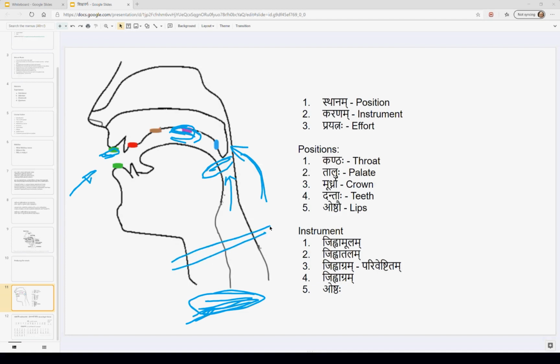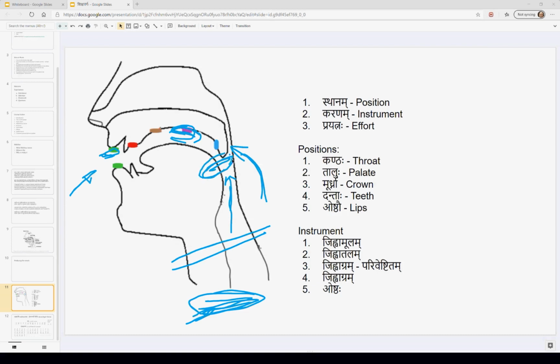But when it hits your throat, then only it becomes audible, and then the air can hit different parts of the mouth here, and the tongue and lips can control the volume or restrict the air at different parts. So this is the sequence we are using. So a, i, u follow this sequence, and similarly the vyanjanam or the consonants are also arranged in this sequence.